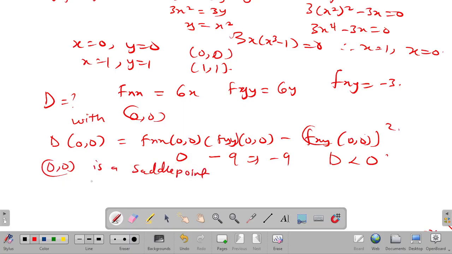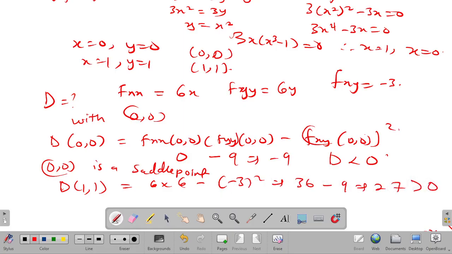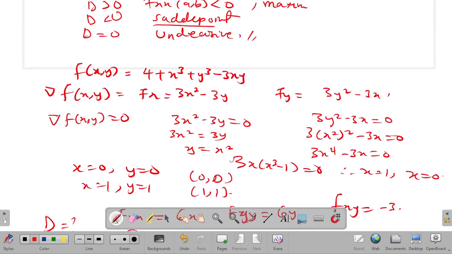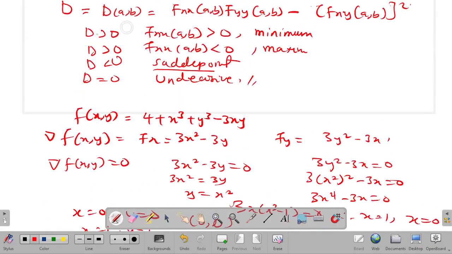Then using the same formula, D of (1, 1): our fxx of (1, 1) will give us 6, times fyy of (1, 1), which gives us 6, so we get 36. Minus fxy, negative 3 all squared, which is 9. That gives us 27, which is greater than 0. If D is greater than 0, there are two possibilities, but we can judge using fxx.